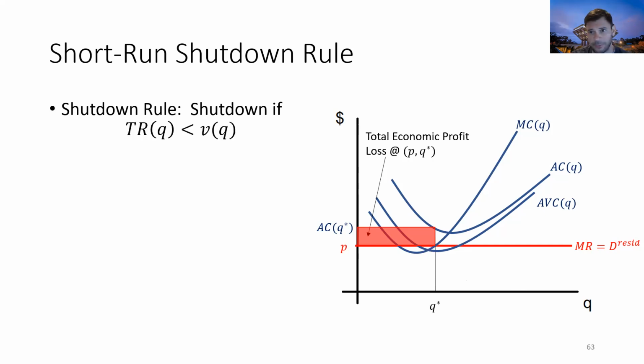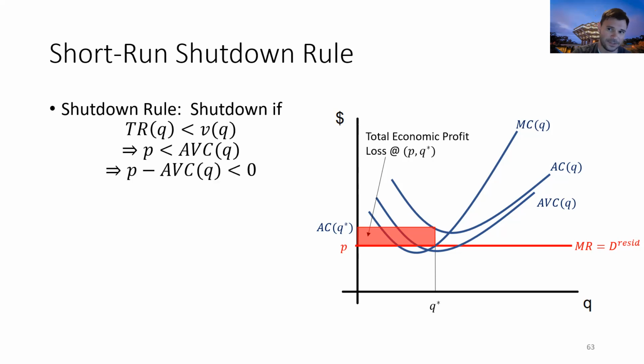So here was our shutdown rule, which we simplified. And if I subtract AVC to the left, and I multiply through by Q. If I was to multiply this by Q, anybody know what we would get?